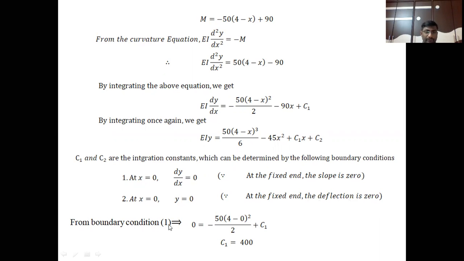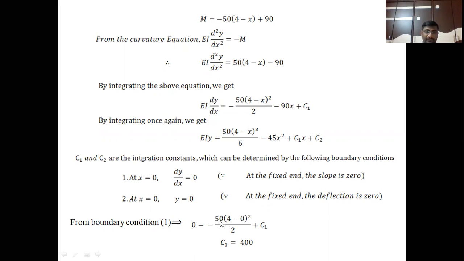So from the first boundary condition, you have to put x equal to 0 and dy by dx is 0. Upon substitution into the slope equation, the left hand side is 0, equal to minus 50 into (4 minus 0) whole square by 2, plus C1.